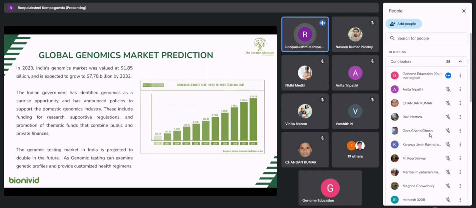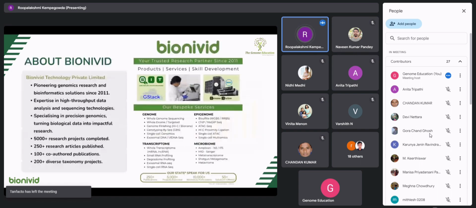The government is also encouraging genomics to address many of the existing problems we are facing now. So there is a lot of scope in genomics, but one has to get specialized. I have to get the training and understand what is going on and where I have to be. If we understand all those things, surely we will be in a good position.